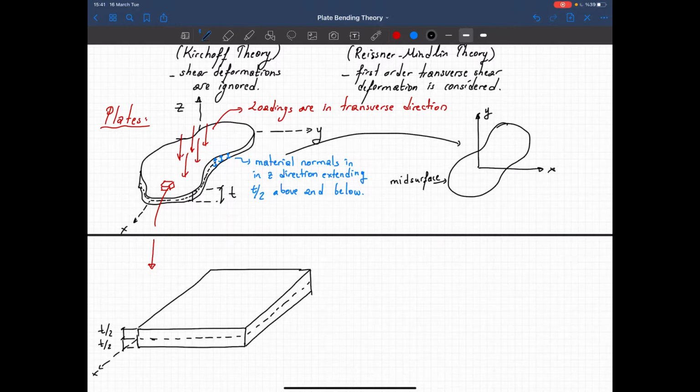That's the local x-axis. That's the local y-axis. That will be the z-axis of the infinitesimal element. And this distance is dx, and this one is dy.